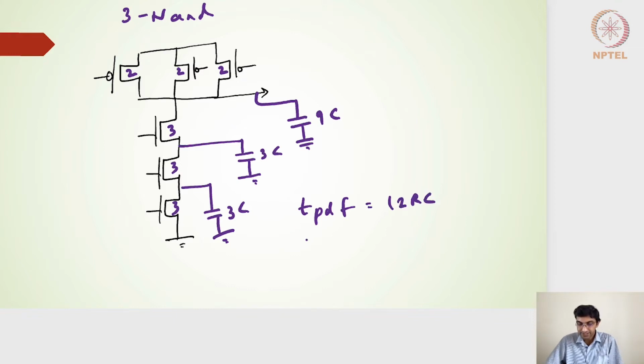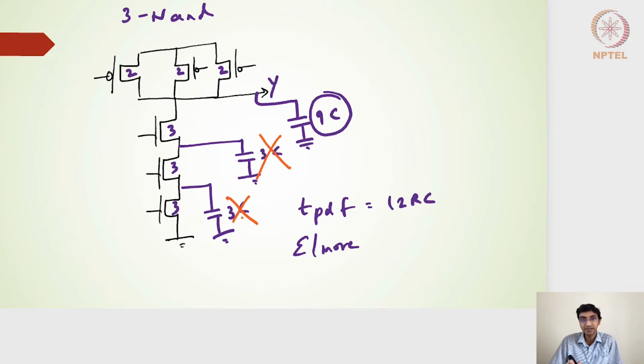And here I'm going to write it as the Elmore delay method. Right, the linear delay method, it sees only one capacitance. So it sees the output node, and it considers only the output node capacitance. So the capacitances which are associated at the output node, and it doesn't consider any of these internode diffusion capacitances.